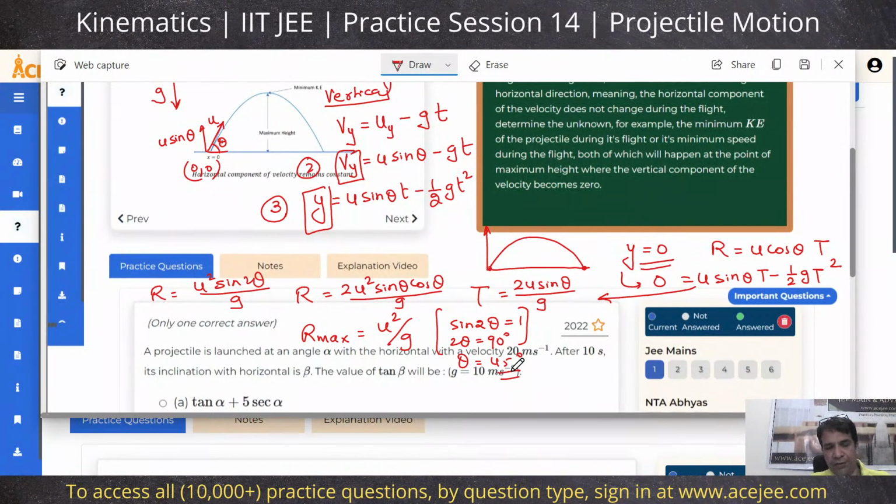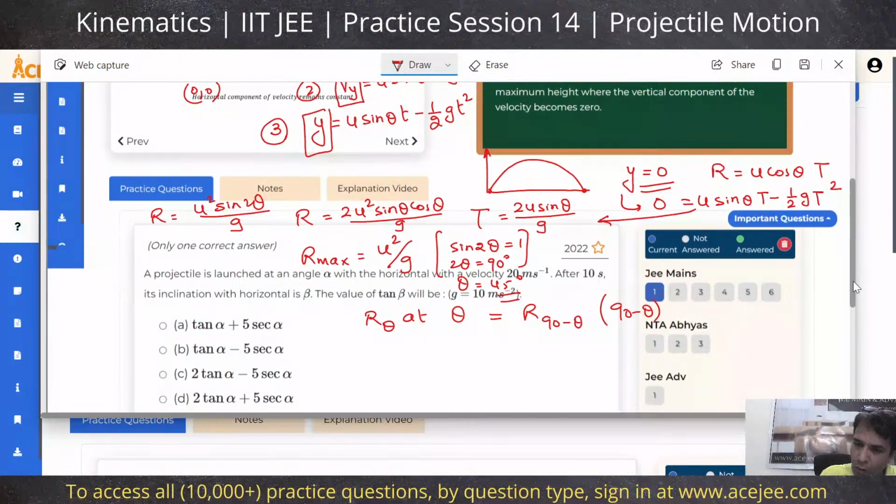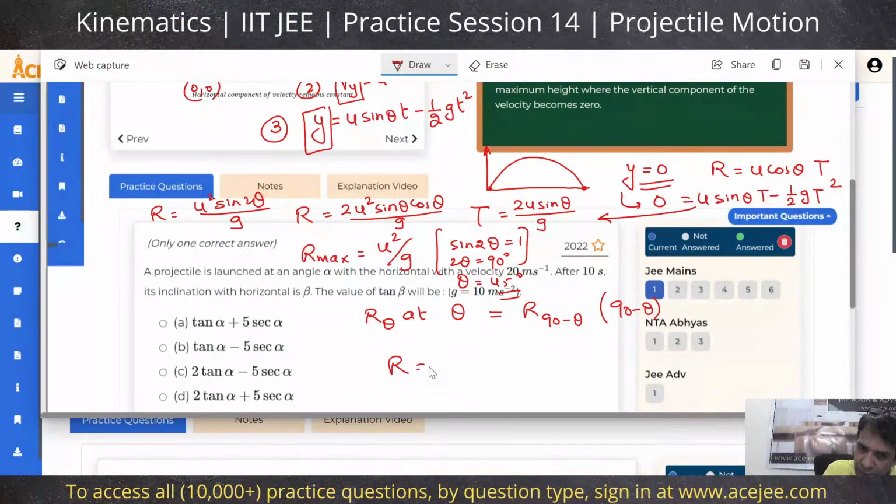Another thing to notice, we'll talk about this in the next question type, but I'm going to mention it here. Range at theta is equal to range at the angle 90 minus theta. Why? Because at theta, your range is u square sine 2 theta divided by g.